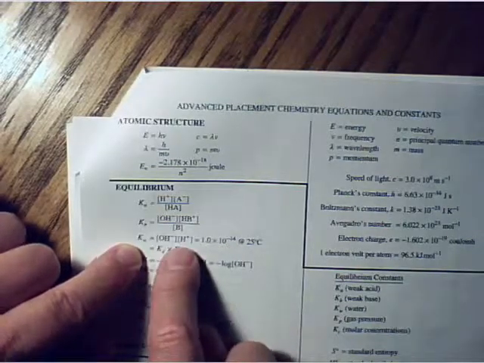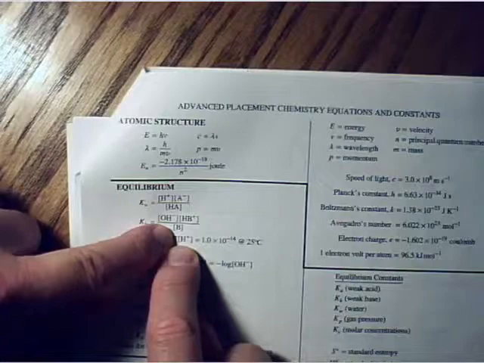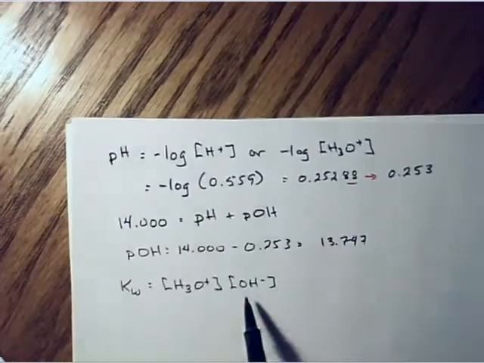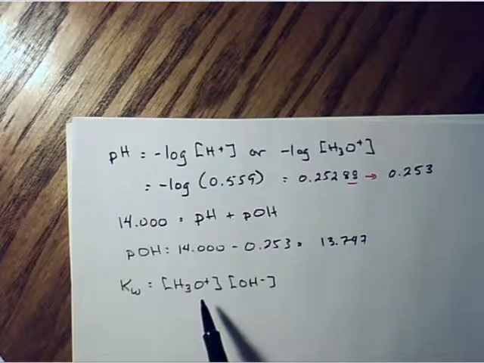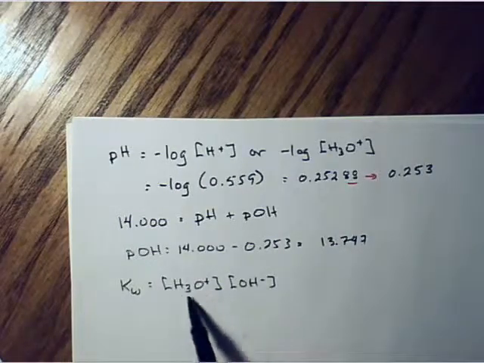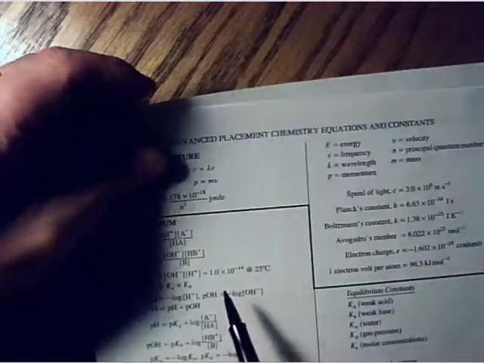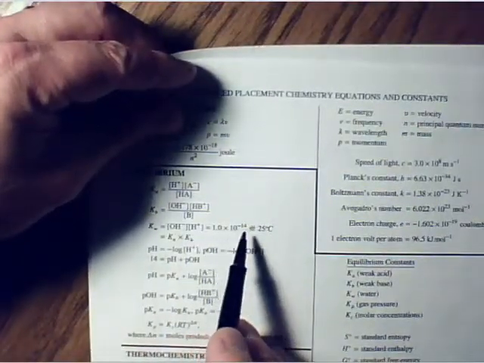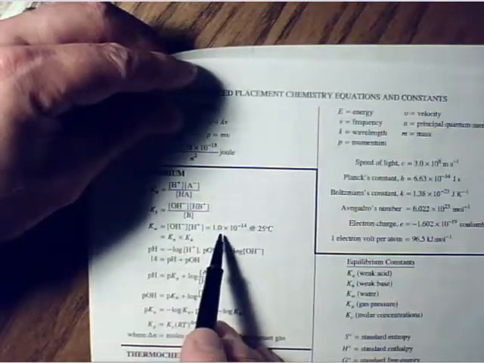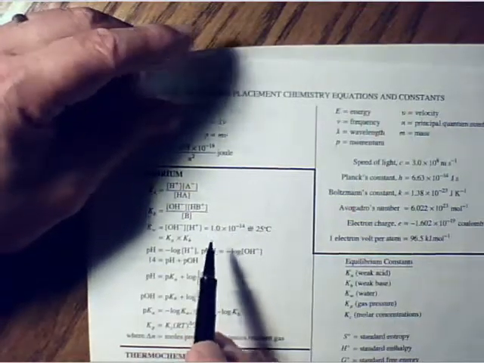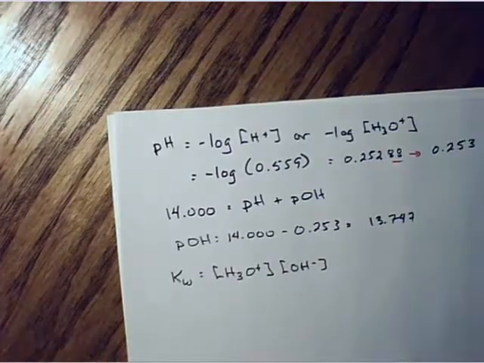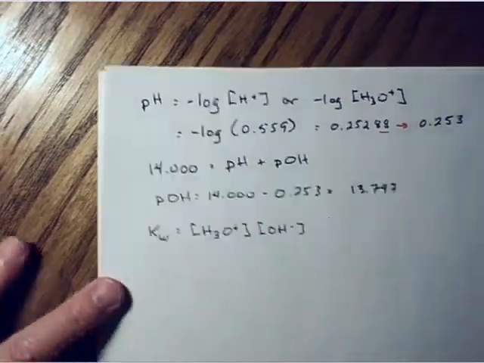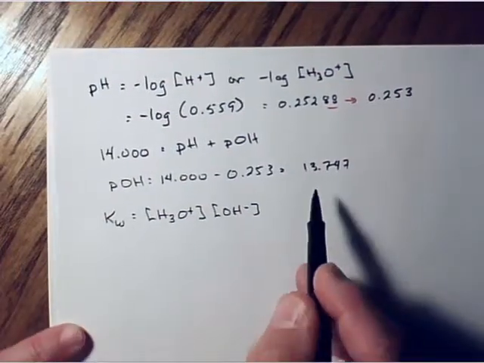You need to know that hydrogen ion concentration is the same thing as hydronium ion concentration. Since I'm using hydronium ion concentration, that's the same thing as what's in this equation. You can put more zeros on there. It can be 1.00 or 1.000. Why would you want to put more zeros on it?